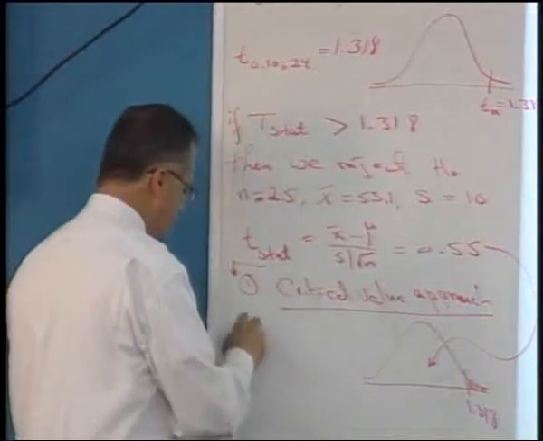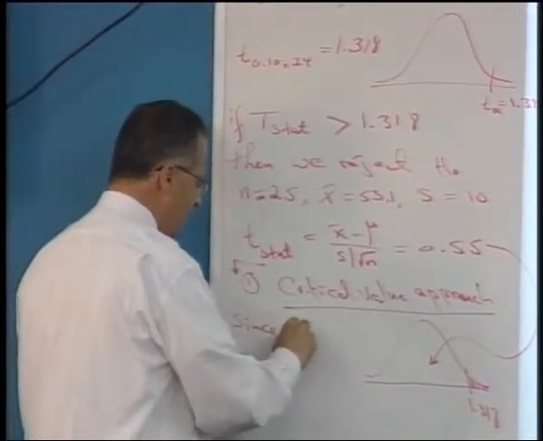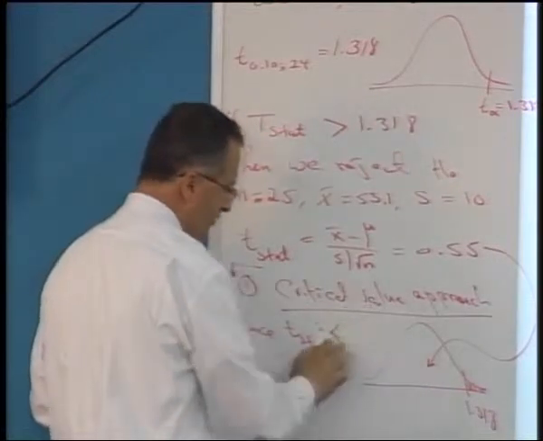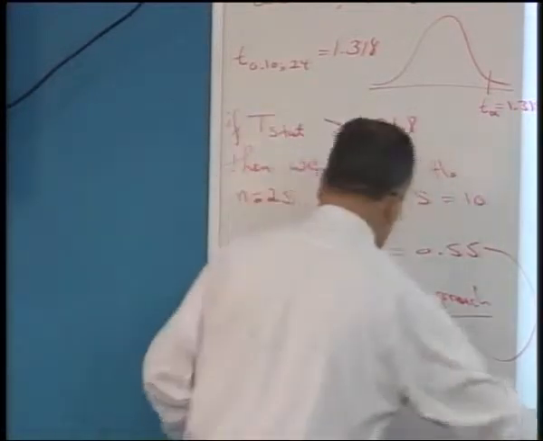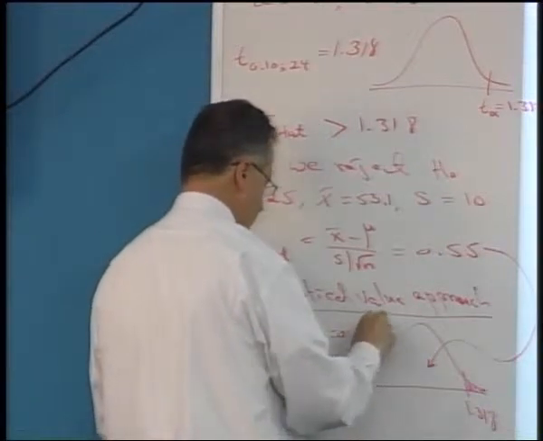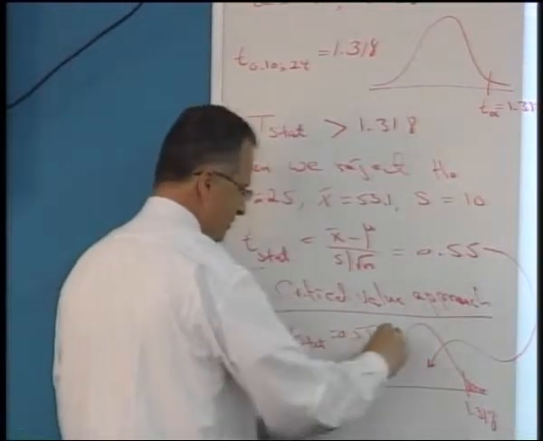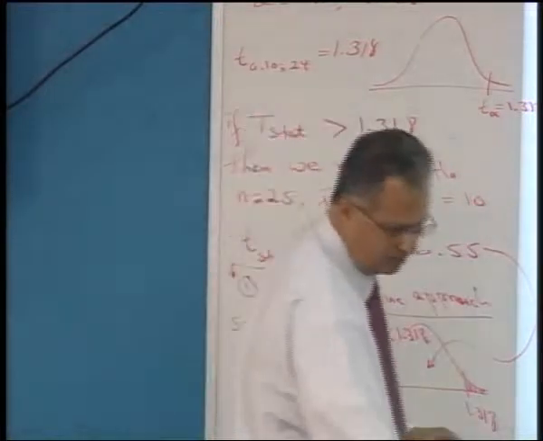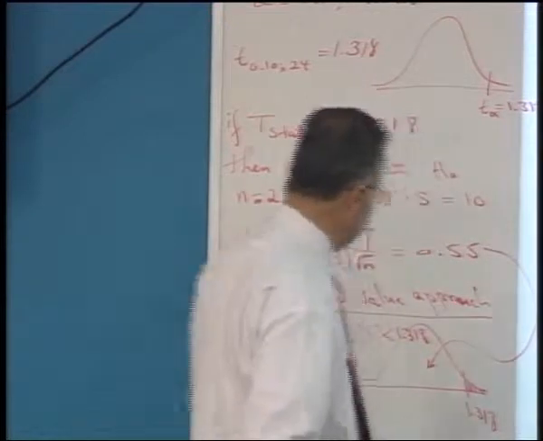So since this t stat, which is 0.55, is smaller than 1.318, then we don't reject the null hypothesis.